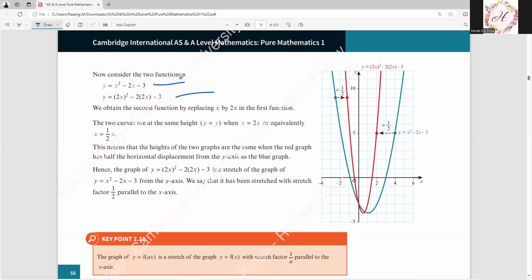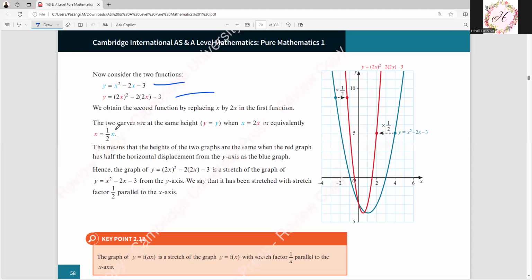So here x has become 2x. Yes, nothing changed on y, but x has become 2x. So here we obtain the second function by replacing x by 2x in the first function.